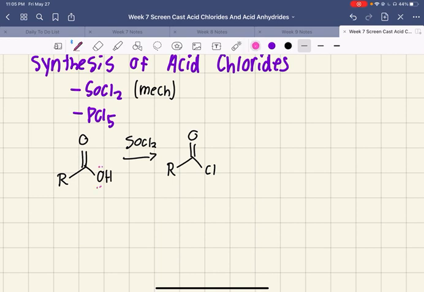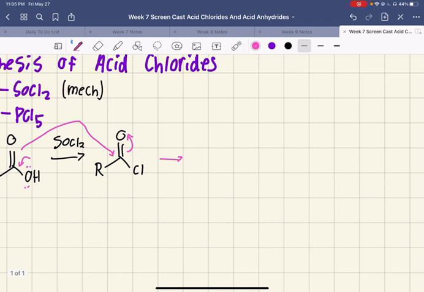So we have lone pairs here. They'll attack the carbon center, kicking off this over here. Now they're coupled. Two chlorides.